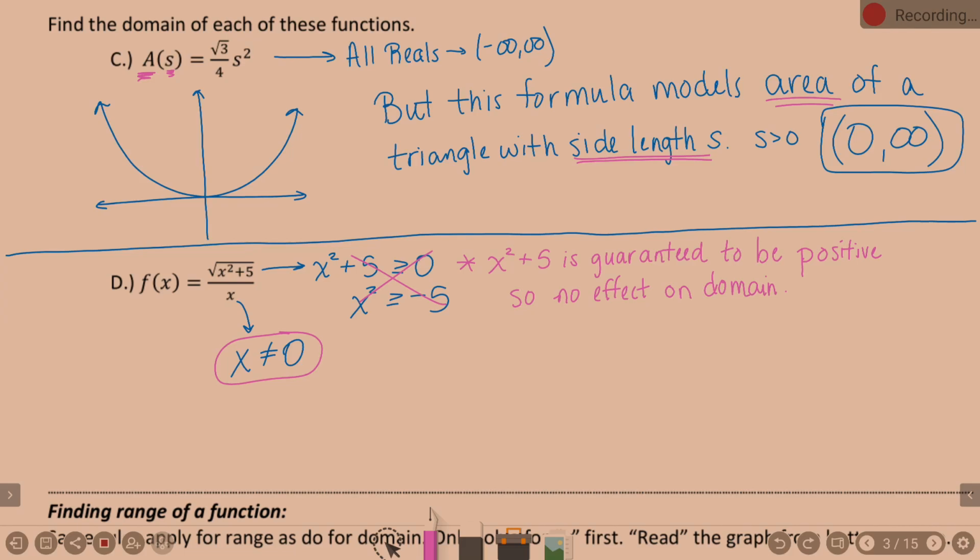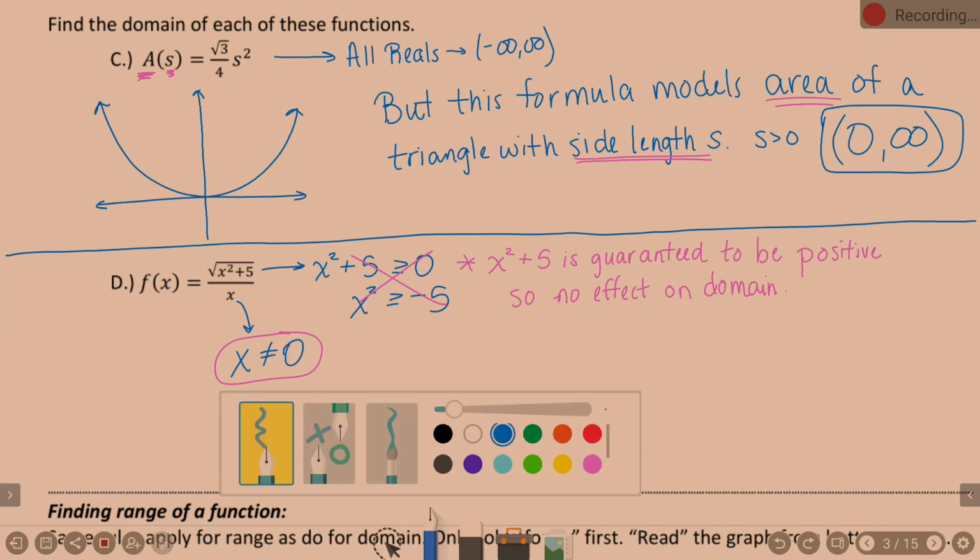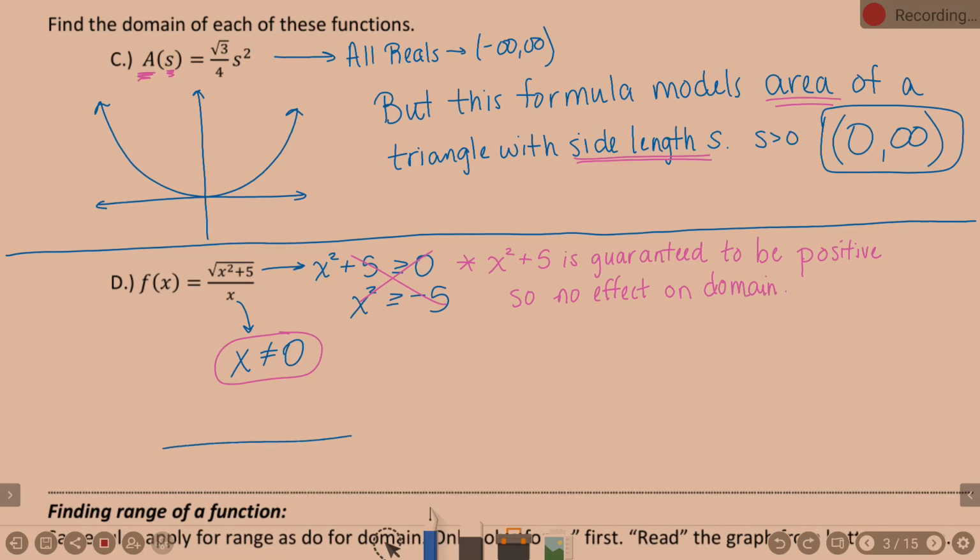What's that going to mean your domain is? The only issue I legitimately end up having is x cannot be 0, yes? So if x cannot be 0, think about it. That's the only issue I have. Where's all the rest of the shading? Which infinity? Okay. There's the positive infinity and there's the negative infinity.